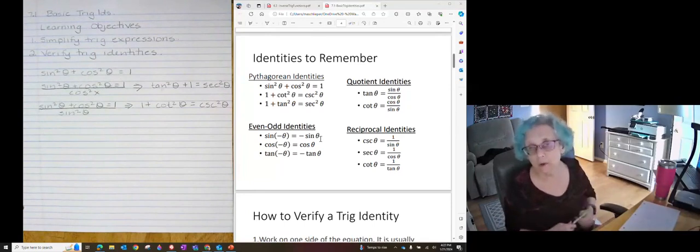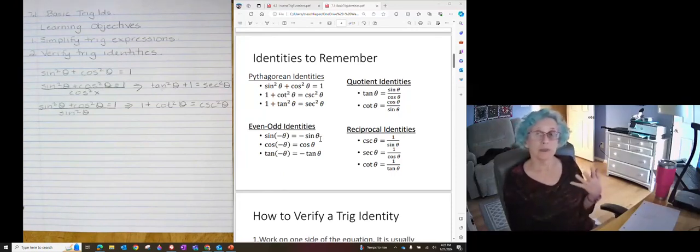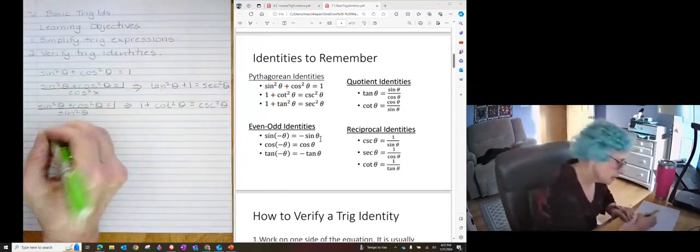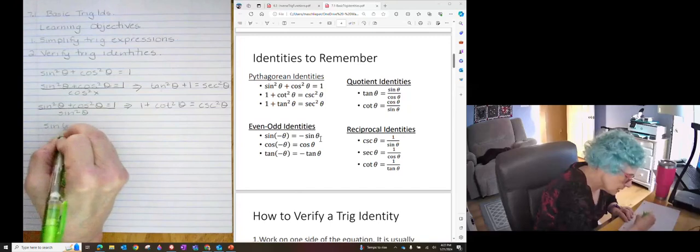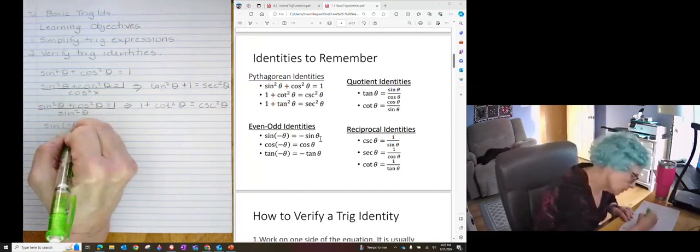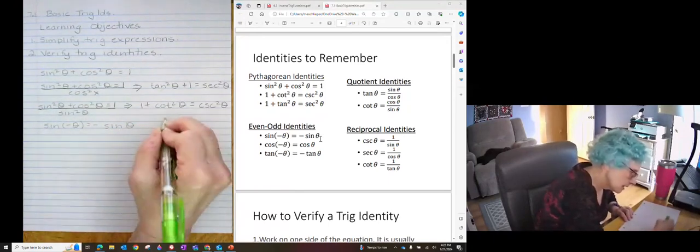And you need to memorize the even-odd identities. What helps me with this one is that if you look at sine of negative theta, it is equal to negative sine of theta.